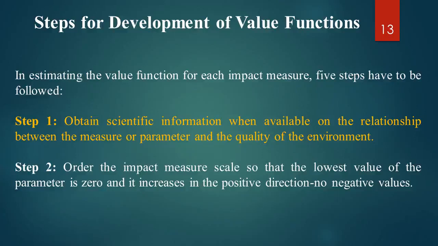In the second step, order the impact measure scale so that the lowest value of the parameter is 0 and it increases in the positive direction, with no negative values.